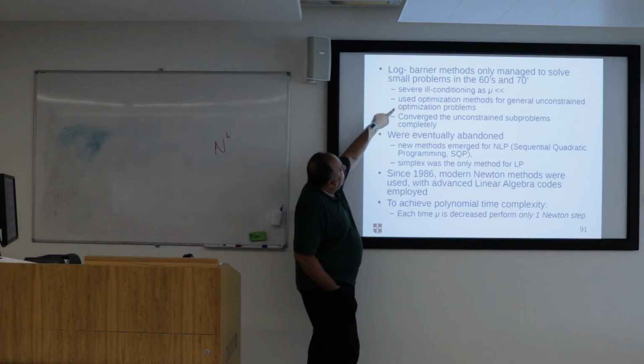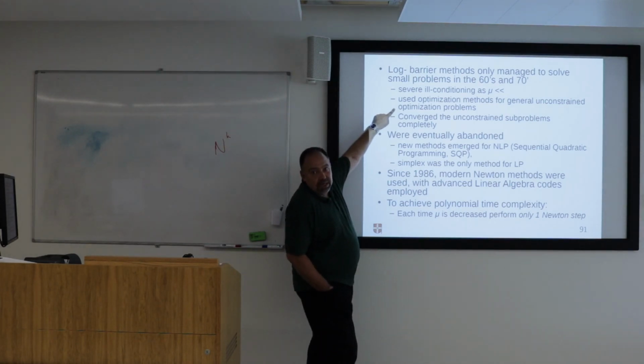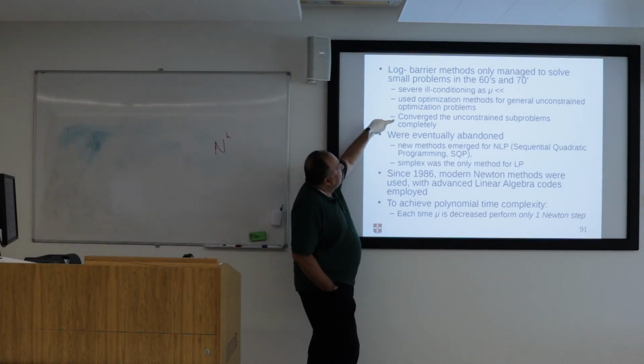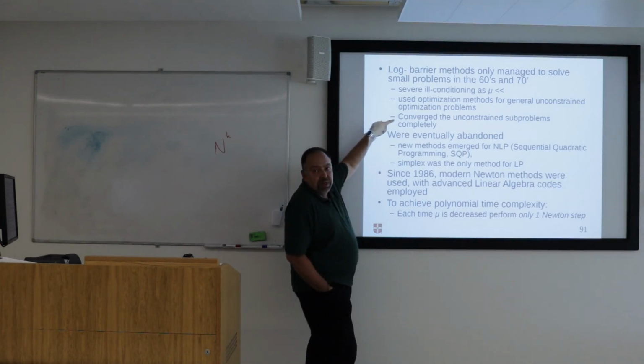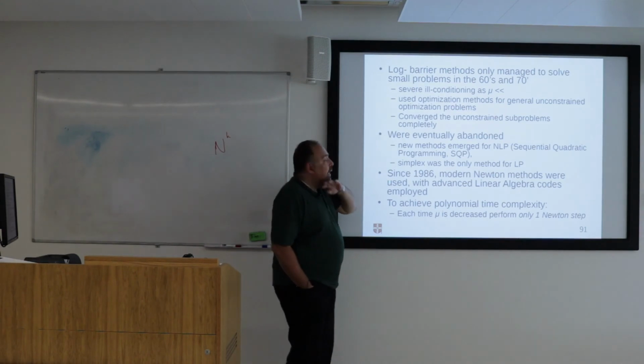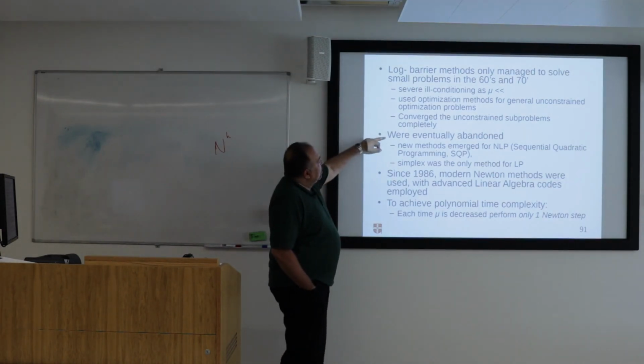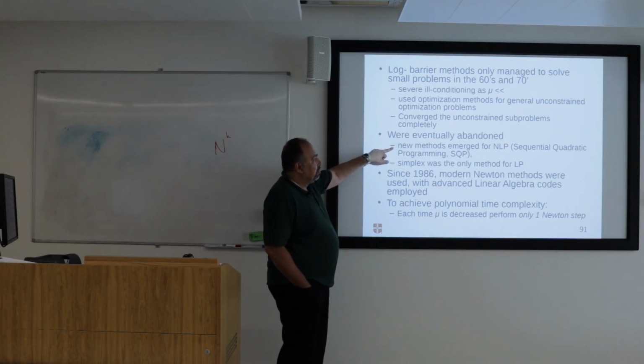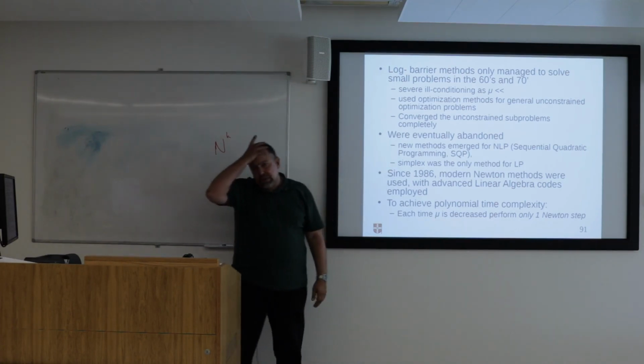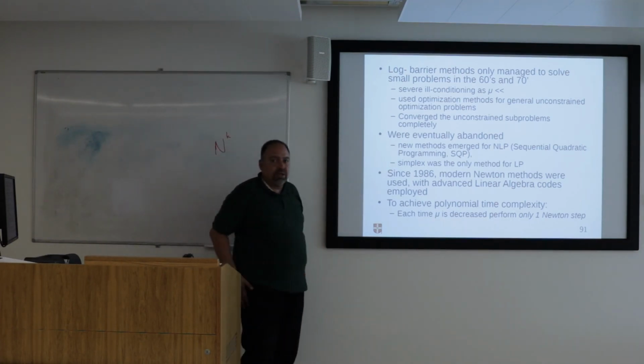They used standard optimization methods for the unconstrained problems, which was the mistake or the problem, and they converged the unconstrained problems completely, which also required extra effort. These were eventually abandoned as new methods emerged for nonlinear programming, sequential quadratic programming, for example, and Simplex was the only viable method for linear programming up to that point.